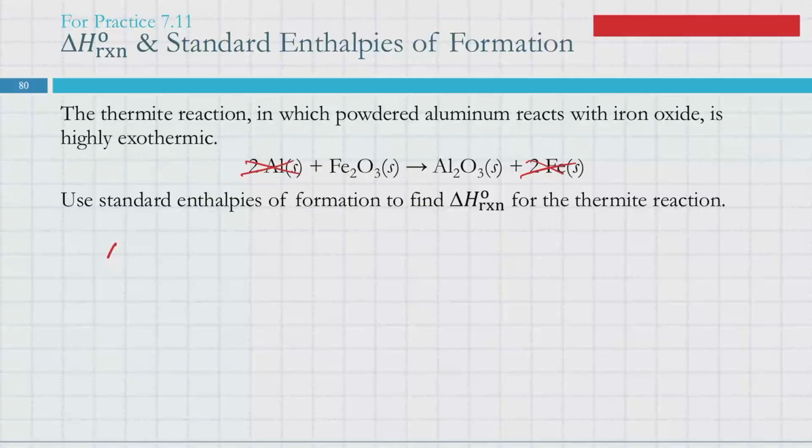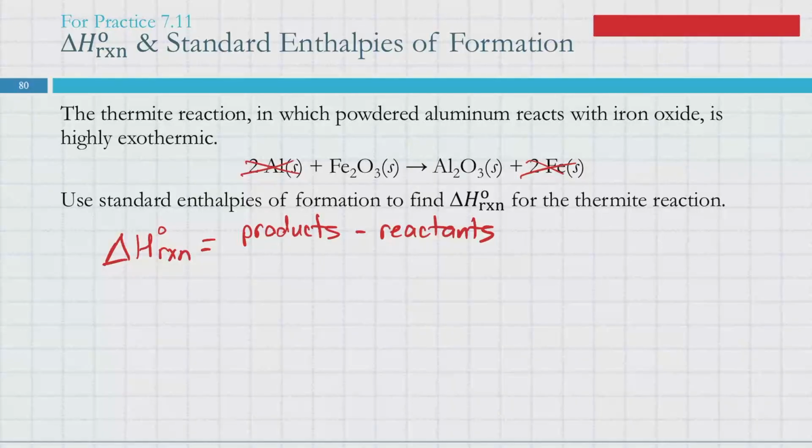And if we wanted to do the mathy way, the formula way, we're doing products minus reactants for the delta H values. That's basically what it boils down to. So then we need to jump back to our table and find those. We're looking for aluminum oxide and iron 3 oxide.